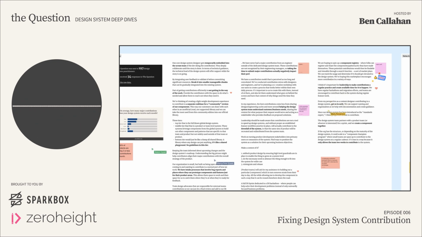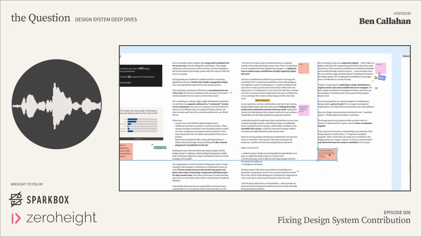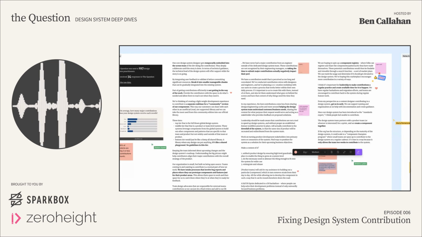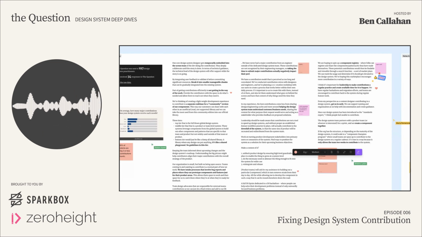I've seen that, once we've abandoned even the notion that contributions are going to accelerate the delivery of stuff from the design system, there's also an issue of, especially within a large enterprise, we really have to fight that mindset of, well, why do I need to contribute something that's going to help others? I'm doing my work. Why do I need to do your work, design system team, for you? And a lot of the time we're really fighting that mindset.